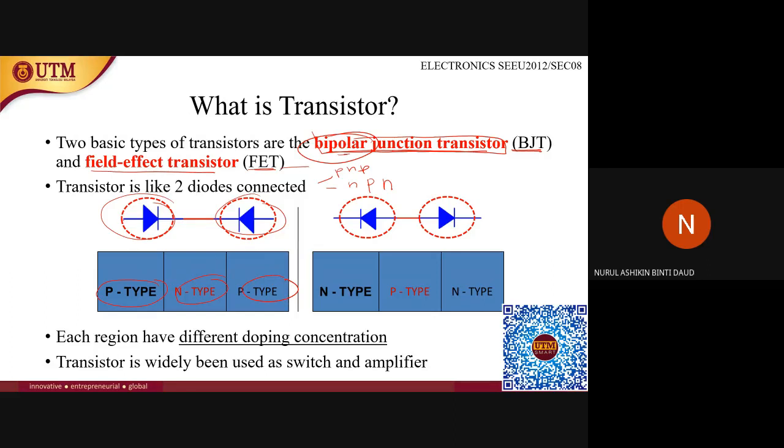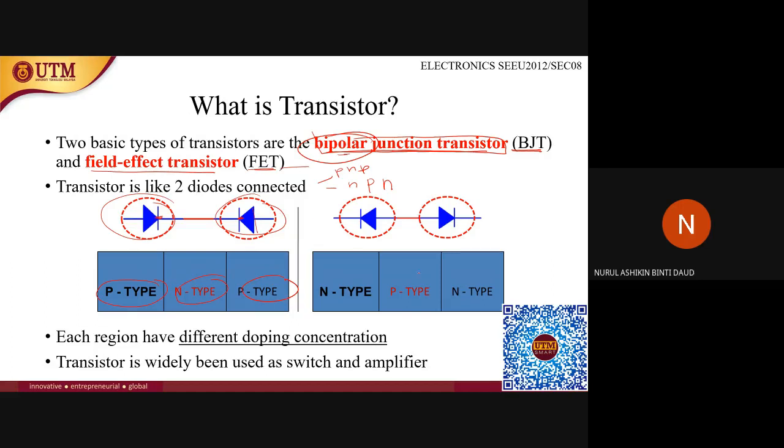The diode configuration will look like this: if you draw the symbol, the two diodes are connected so that the cathode of one meets the cathode of the other, which makes the N region, and then here is the P type again, with the anode.